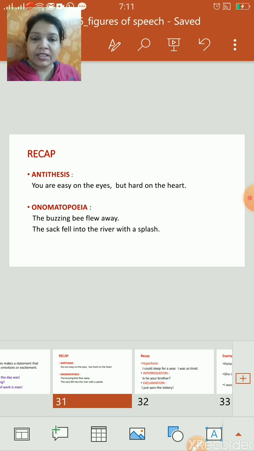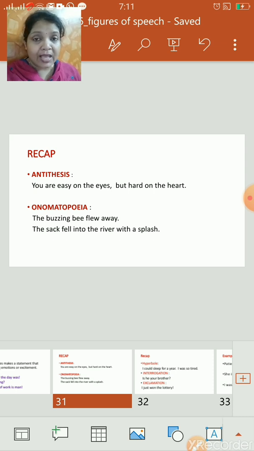Now, let us start with the first one, that is antithesis. As I said, antithesis is about recognizing two opposite words in the sentence. Students, this also could be two different opinions, two different concepts, or two different characteristics. Like, I can say that the sun is the antithesis of the moon.